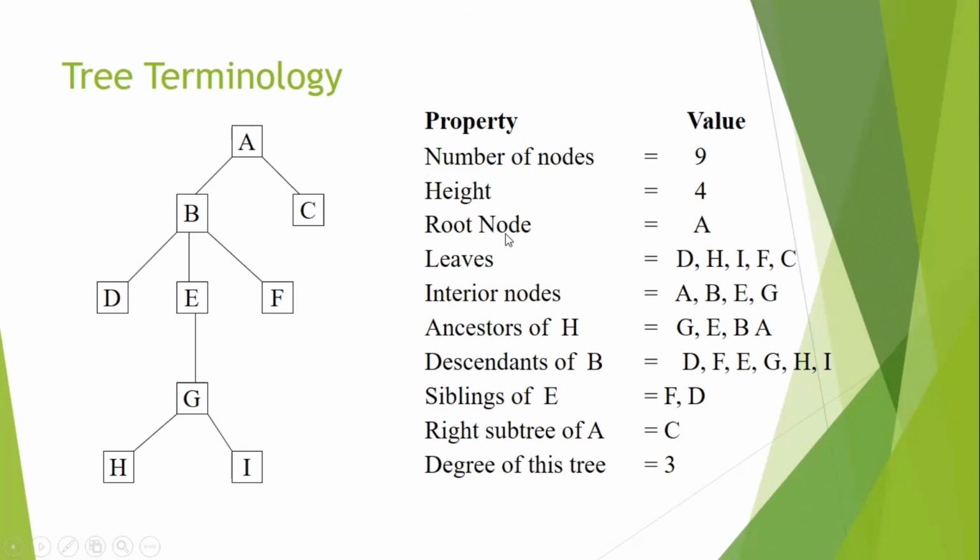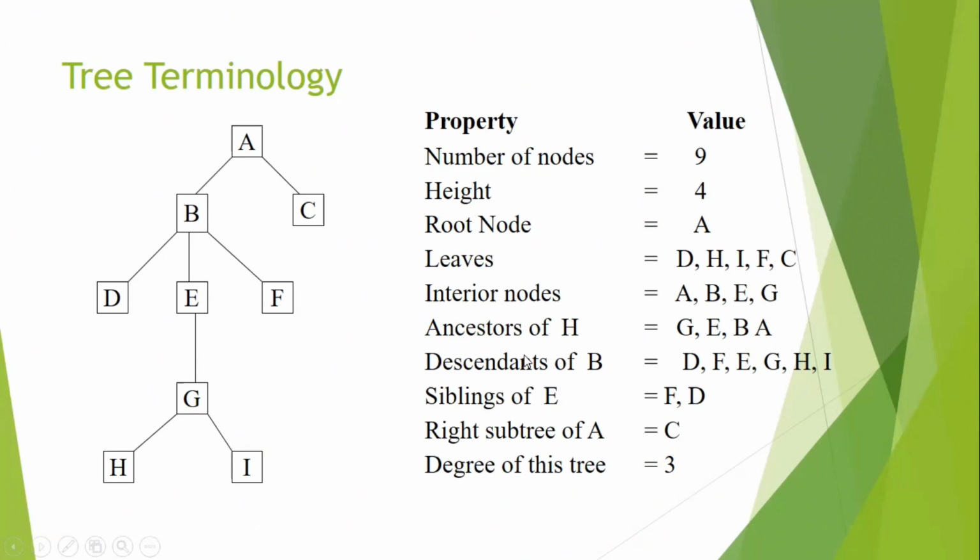The root node is A. Its leaves are D, H, I, F, and C. The interior nodes are A, B, E, and G. The ancestors of H in this illustration are G, E, B, and A.